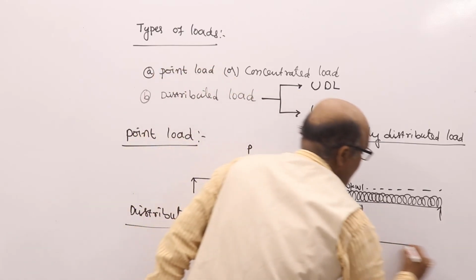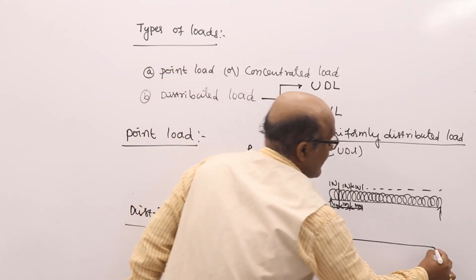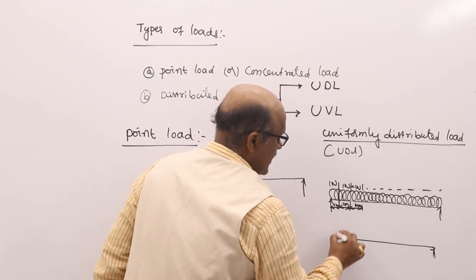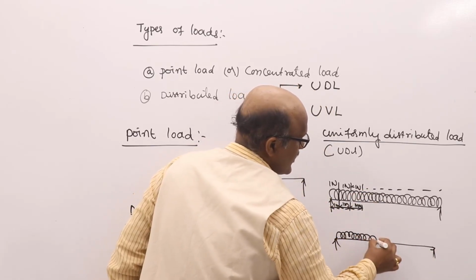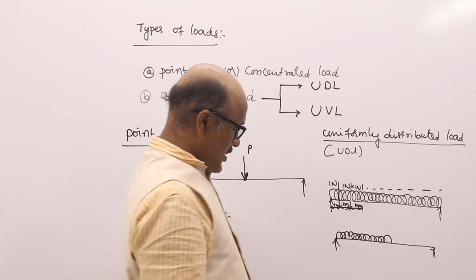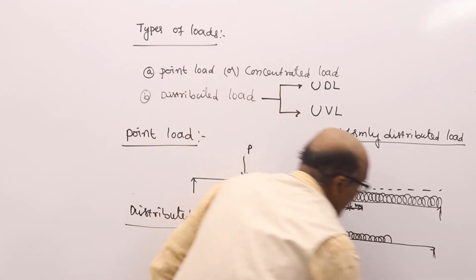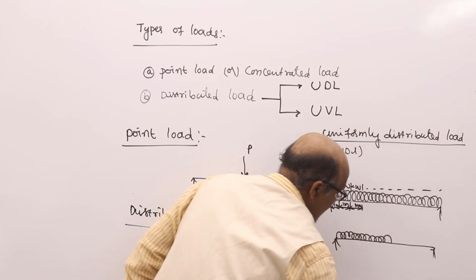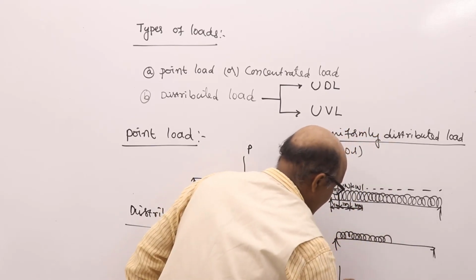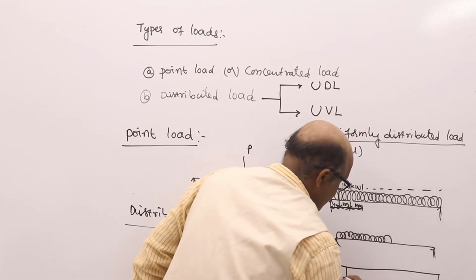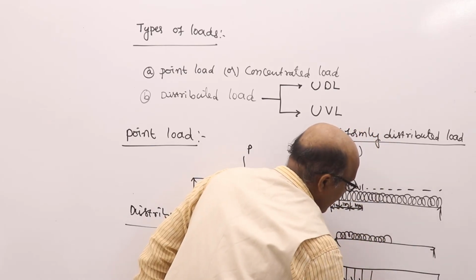See like this also. In this case, over the entire length, the load is distributed. Now the load is distributed only over part of the length. It can be represented like this, but this is also the same. There is no change. This is a representation of UDL.